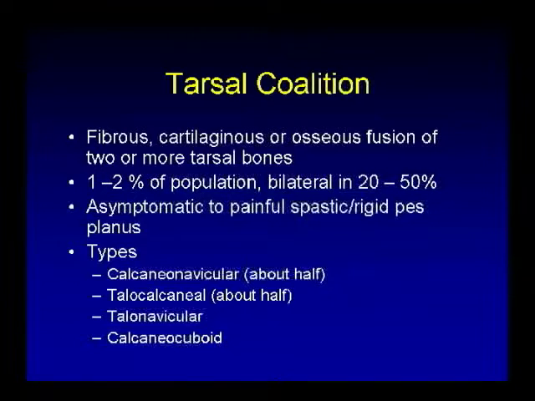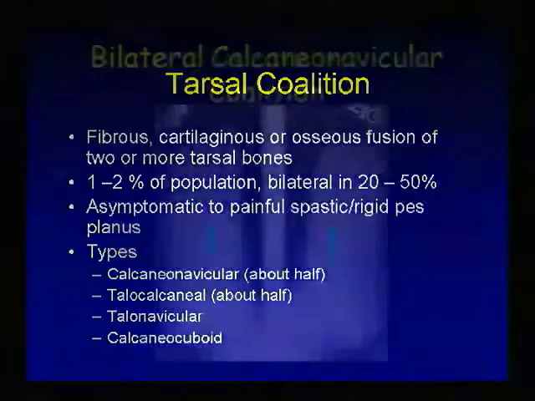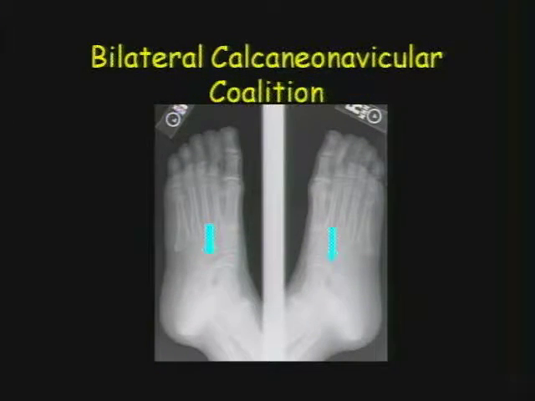The talocalcaneal you need to diagnose with a CT scan frequently. It's hard to see the continuous C. You look for the talar beak to clue you that it might be there. But the calcaneonavicular, a plain film works just fine. And here you can see that this patient has a bony calcaneonavicular coalition on one side, and either fibrous or cartilaginous on the other side.